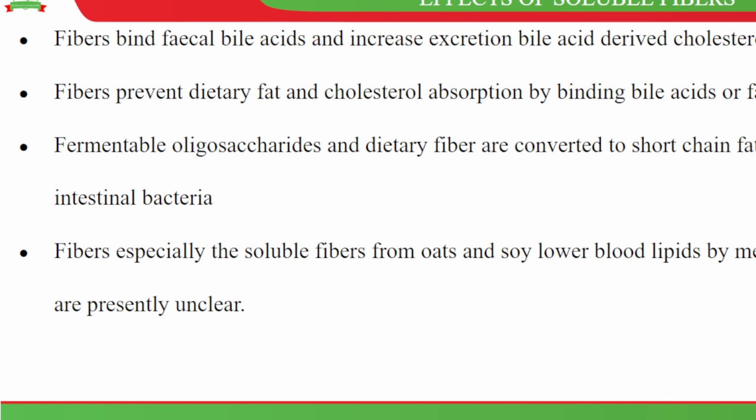So fibers will bind fecal bile acids and increase excretion of bile acids derived from cholesterol. Fiber also prevents dietary fat and cholesterol absorption by binding bile acids of fats and lipids. Fermentable oligosaccharides and dietary fibers are converted to short-chain fatty acids by intestinal bacteria.